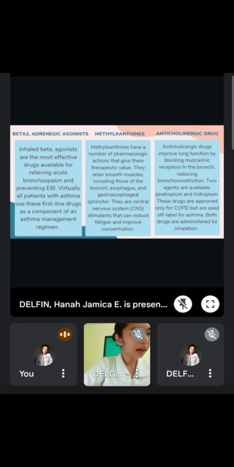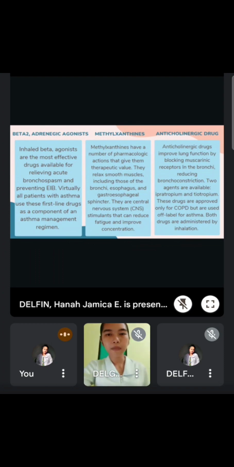To minimize risk, LABAs should be used only in patients taking a recommended medication for long-term control and only if the medication has been inadequate by itself. For oral preparations, the selectivity of the beta-2 adrenergic agonist is only relative and not absolute.